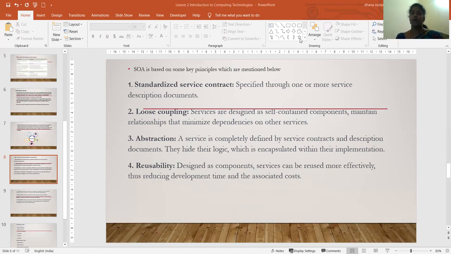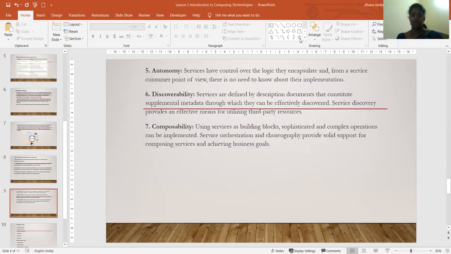Hence, once the code for a web service is written, it should have the ability to work with various application types. Service autonomy. Services should have control over the logic they encapsulate. The service knows everything about what functionality it offers, and hence should also have complete control over the code it contains.